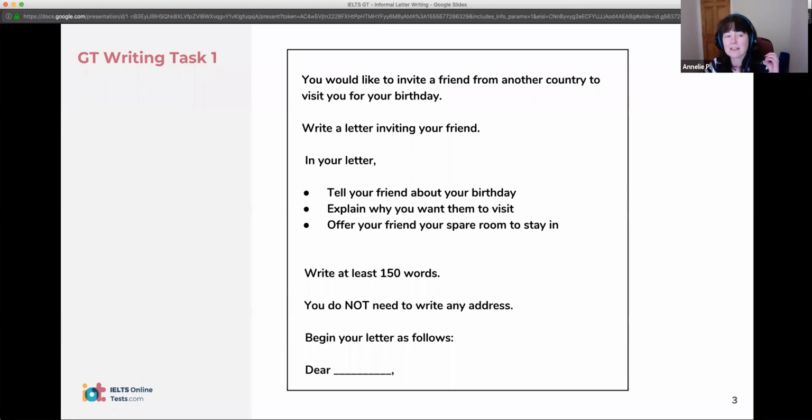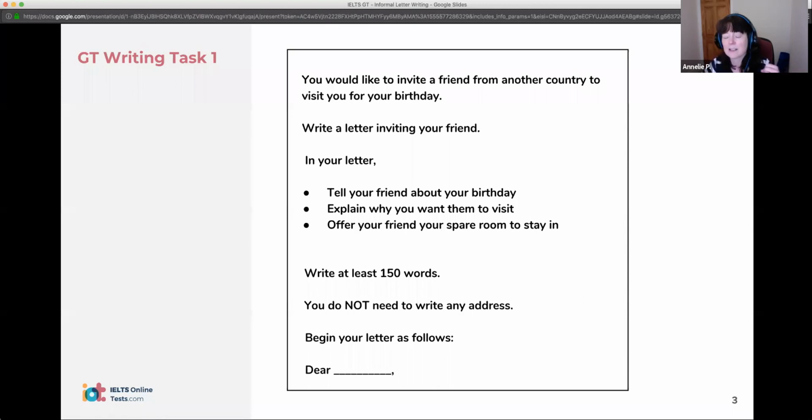Okay, very good, Sajad. So it's a minimum of 150 words. Okay, very good, Mark. Oh, hey, Mark Tan. You have to cover all of the points given. So remember, you get 3 bullet points and you have to cover all of those points. It's actually advised that you spend 20 minutes on the task 1, but actually 15 minutes writing it would be good, and then 5 minutes either side to prepare and to check.